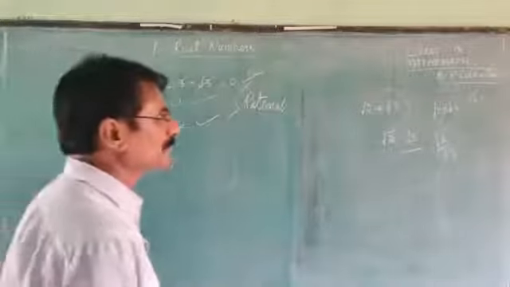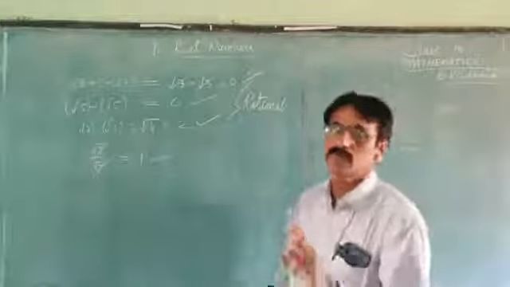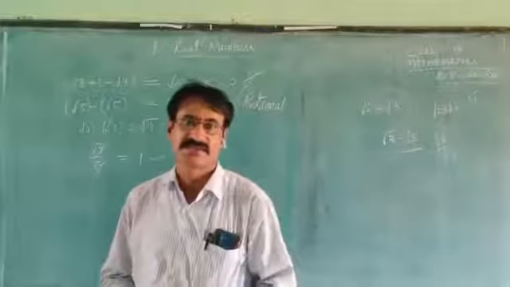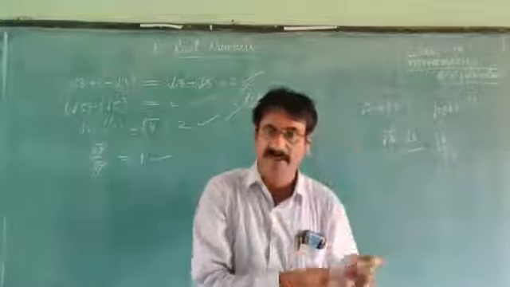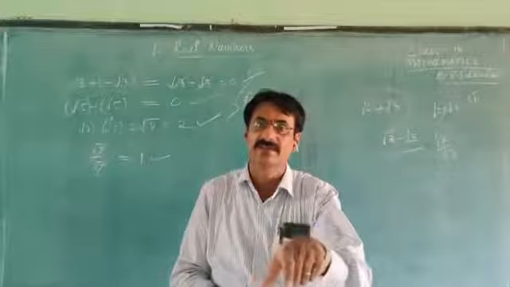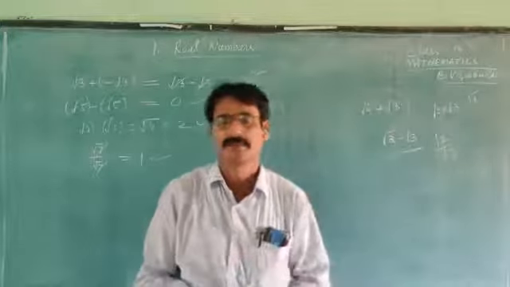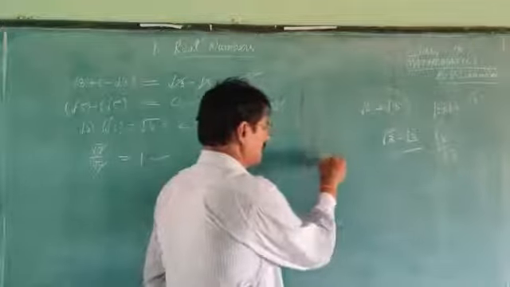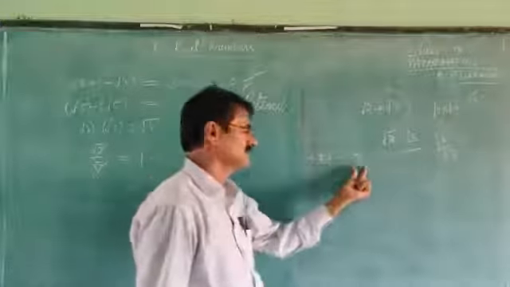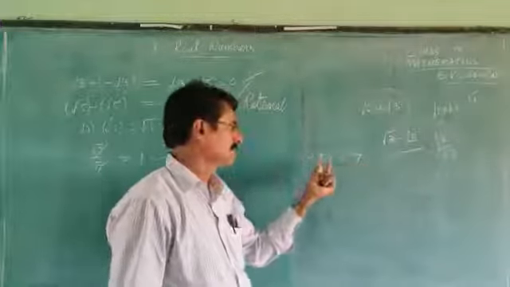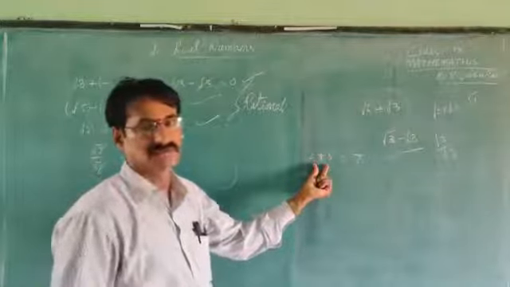What is the closure property? For example, if we take two natural numbers and the sum of two natural numbers is also a natural number, then the natural number set is closed under addition. 5 plus 2 equals 7. The sum of two natural numbers is a natural number. So the addition of natural numbers is closed.